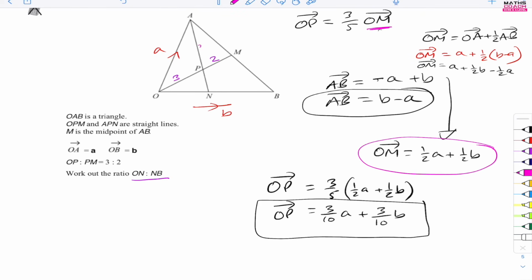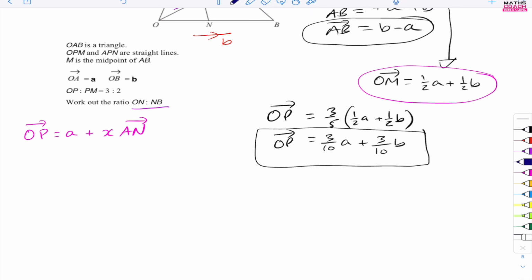So let's use the letter X here, just like before. So we're going to go O to A and then A to P. So O to P, another way to get there is to go A plus X part of A to N, right?